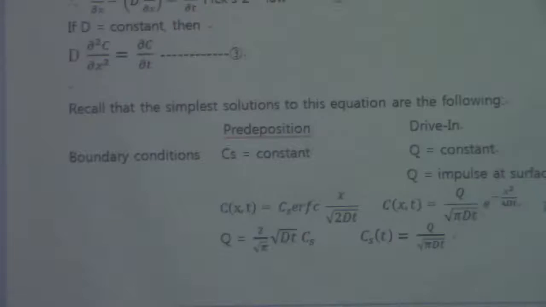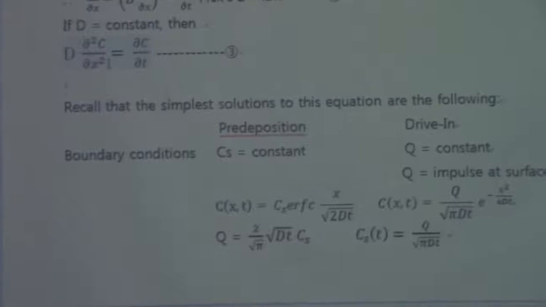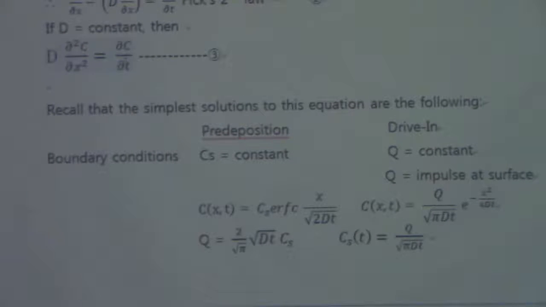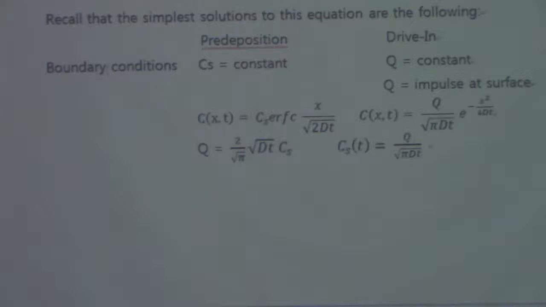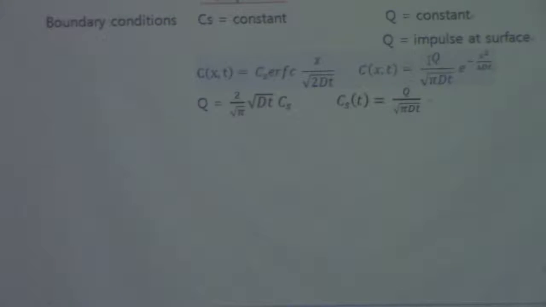Now, here I showed some examples of when we can use this approximate Fick's second law: the pre-deposition and drive-in for doping, when we know the boundary conditions and can solve Fick's second law assuming the diffusion coefficient is constant. We have a complementary error function as a solution for the pre-deposition process, and we have a Gaussian profile for the drive-in.